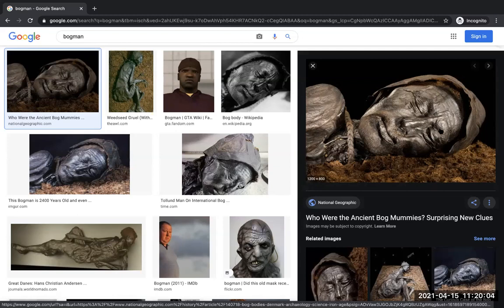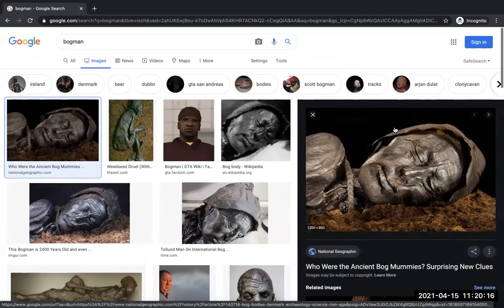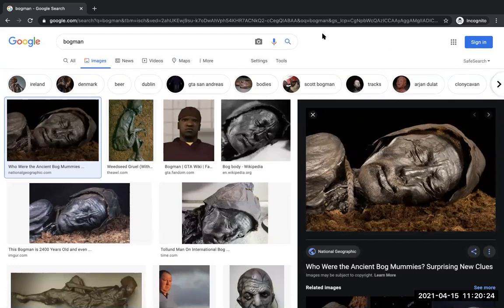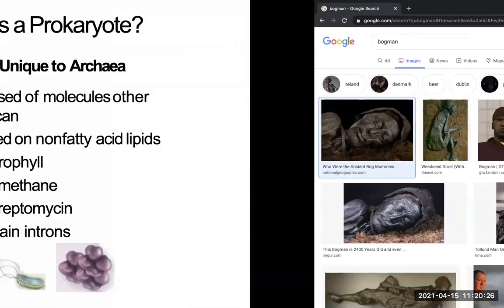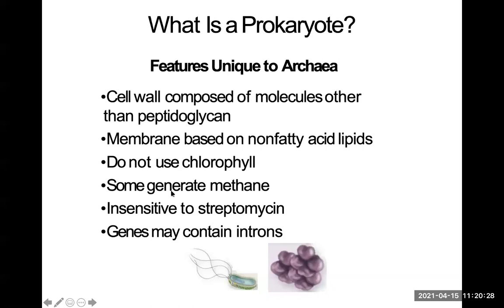You can see so much detail here, even the wrinkles are there. There are a lot of stories about different bog men. They're called bog mummies as well. So again, I hope that helps you remember that archaea can generate methane.